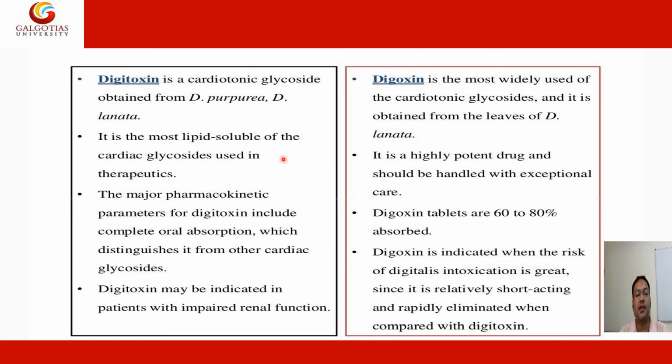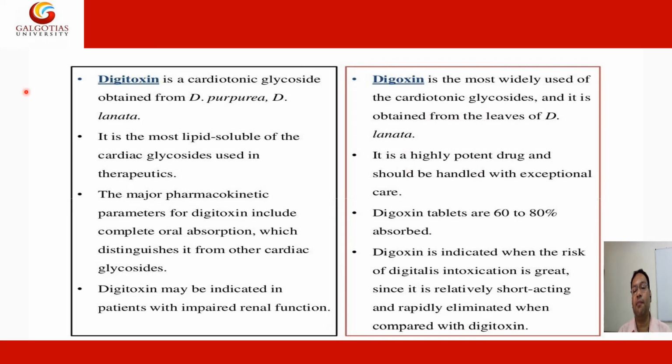Digitoxin is a cardiotonic glycoside obtained from Digitalis purpurea and Digitalis lanata. It is the most lipid soluble of the cardiac glycosides used in therapeutics. The major pharmacokinetic parameter of digitoxin includes complete oral absorption, which distinguishes it from other glycosides. Digitoxin may be indicated in patients with impaired renal function. Digoxin is the most widely used cardiotonic glycoside and is obtained from the leaves of Digitalis lanata.